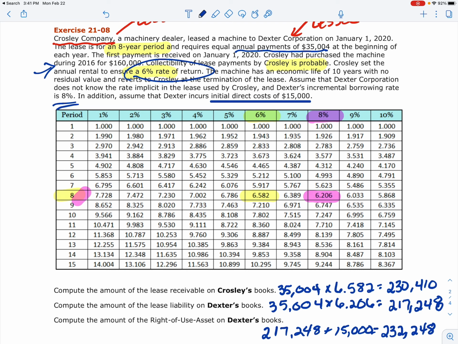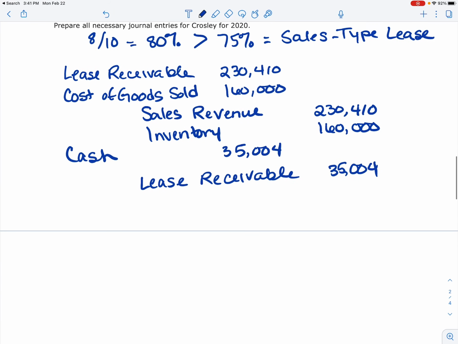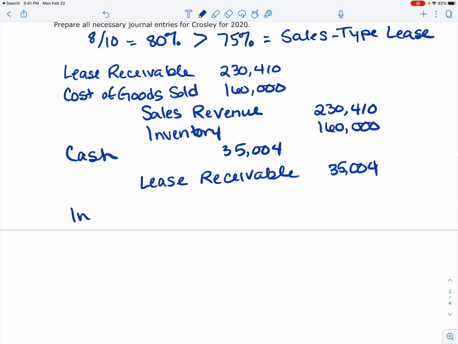So we're going to use that to calculate our interest. And because we're using that effective interest method, we have to calculate our interest by taking our receivable minus the amount that was paid, and we're going to times that all by our 6%.